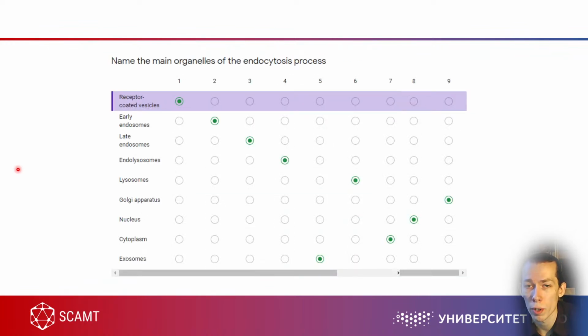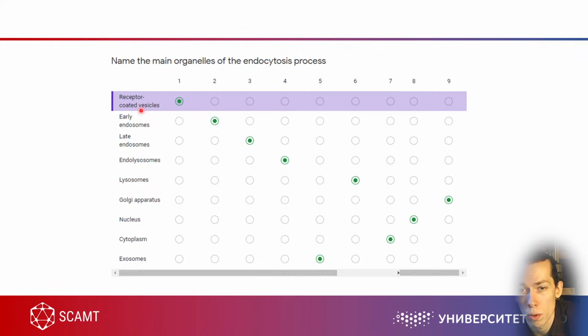Again, almost everyone succeeded with this question. Probably the most complicated part was to distinguish late endosomes and endolysosomes. Early endosome is when the endosome just enters the cell.